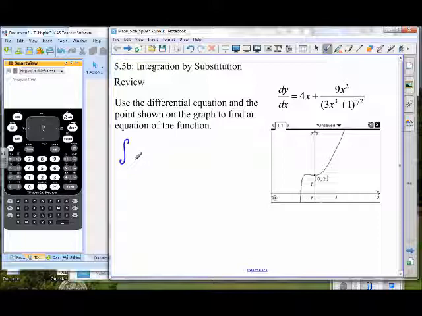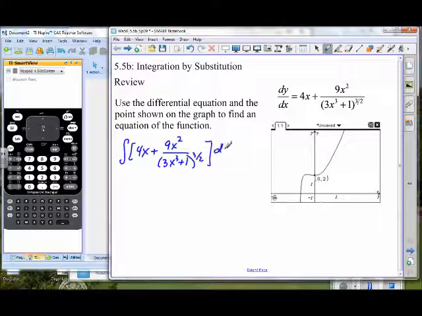This is a review of indefinite integration, the integration of 4x plus 9x squared divided by the quantity 3x cubed plus 1 to the 3/2 power. Remember, we have to always use the differential there.